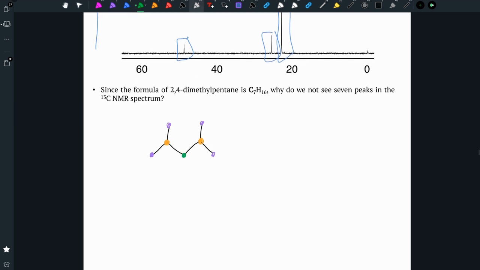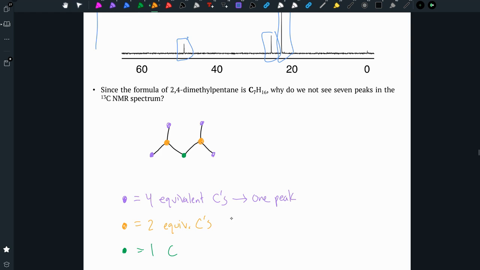Okay, so what I have are a set of 4 equivalent carbons, a set of 2 equivalent carbons, and then just 1 lone carbon. Each of those makes a peak. So each set of equivalent carbons make a peak. So those 4 equivalent carbons only show up as 1 peak.